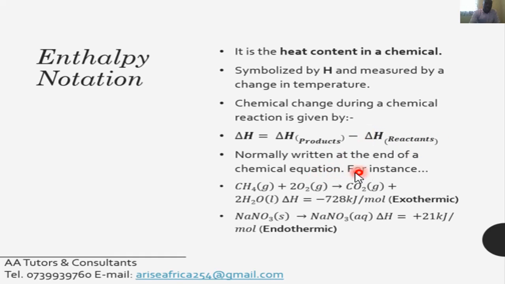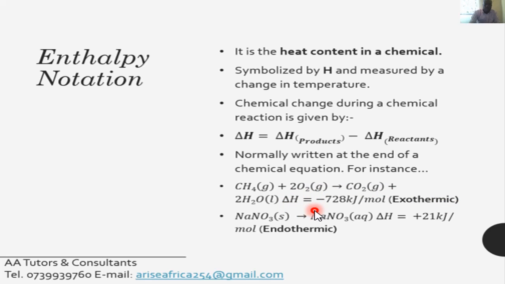The enthalpy change is usually written at the end of a chemical equation, and when it is written at the end of a chemical equation, it ceases to be called a chemical equation. We call it a thermochemical equation.